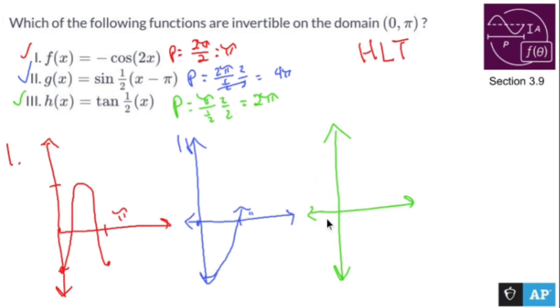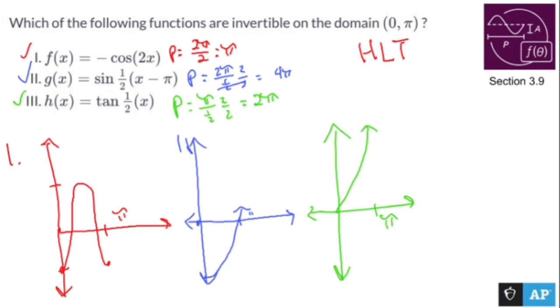Normally the period is pi. Now it's 2 pi. Normally for a tangent, I would have a vertical asymptote at pi over 2, and I would start here and go up. But now, since the period is stretched out and doubled, I have a vertical asymptote at pi instead of pi over 2.